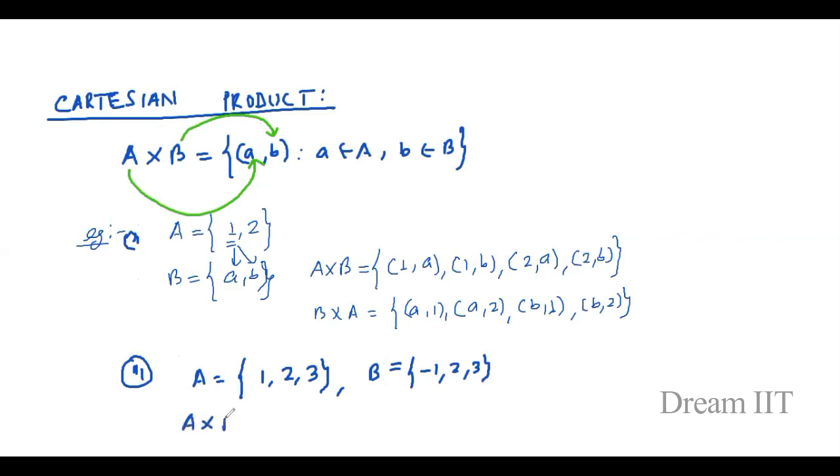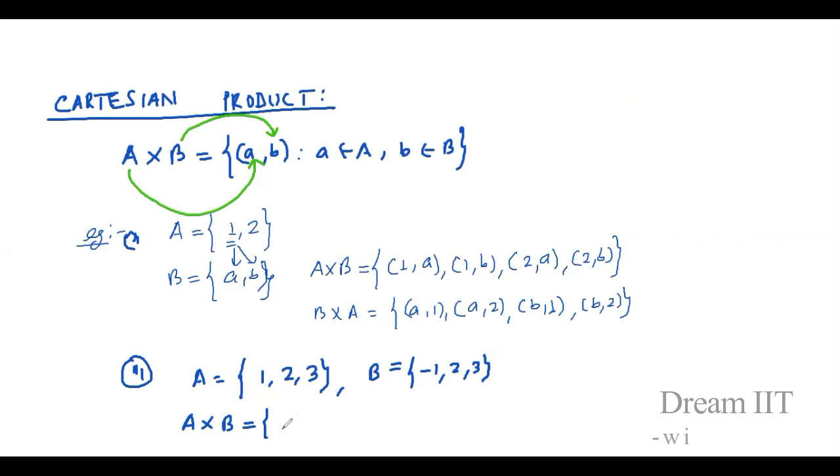So now I can find A cross B. One more thing you should notice: I have written three elements in both the sets, but it is not necessary that you should have an equal number of elements in both the sets. Like here I have taken 3 elements, here also 3 elements. Doesn't mean that always an equal number of items should be there in each of the sets. It is not like that at all.